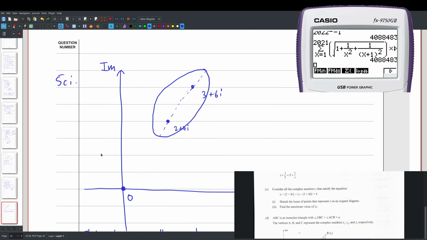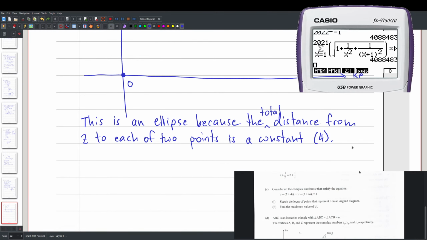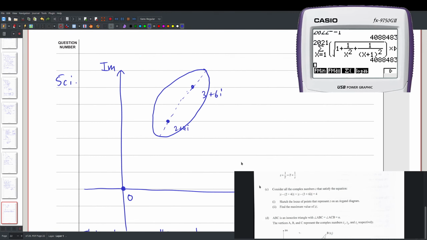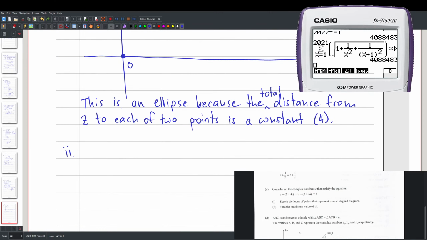Alright, so this is the ellipse. And if we want to find the maximum value of z bar, then how would that be? Because the semi-major axis... actually, this is the major axis, right?